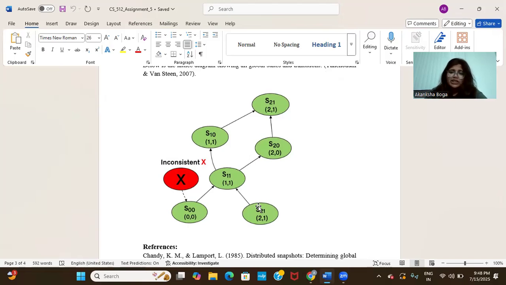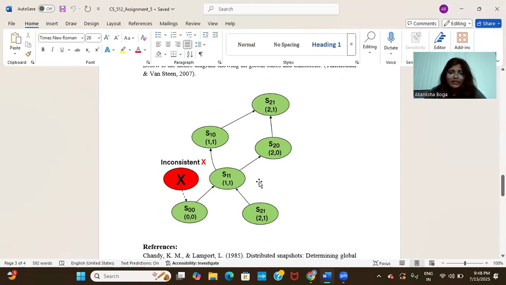So it shows how the system moves from one state to another state. Each circle is a state, and these lines are the transitions.